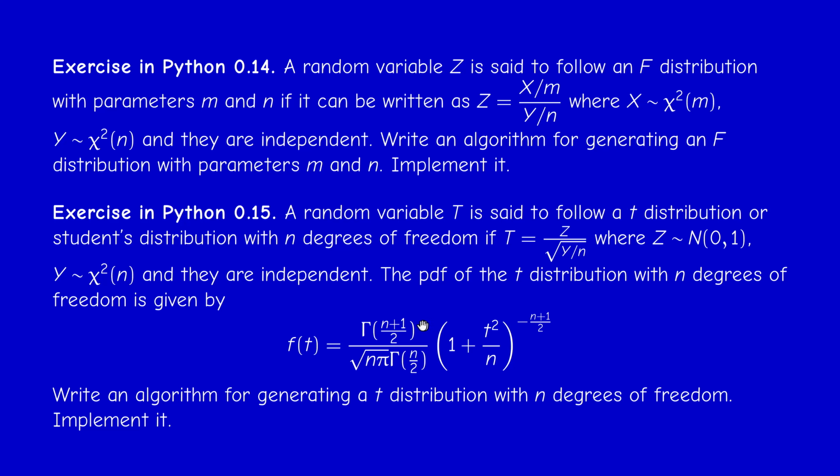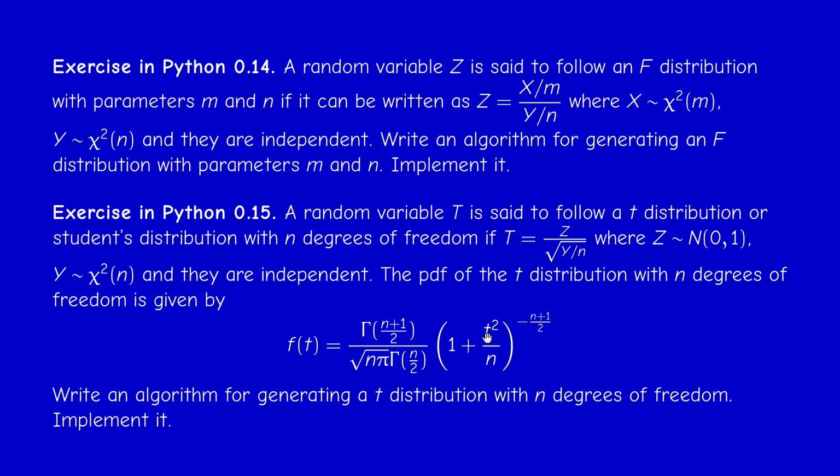And you should know that the shape of the T distribution is very close to the shape of the normal distribution, but the T distribution has fatter tails, so it decreases to 0 slower than the normal.